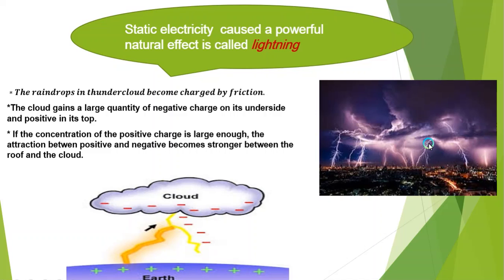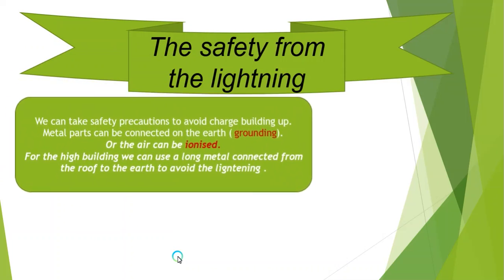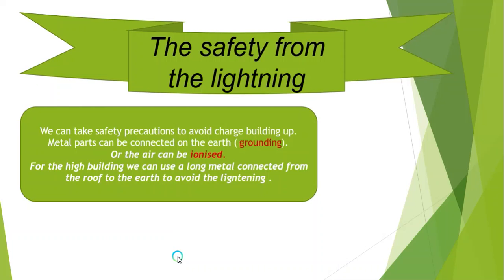Like this one, this is a cloud negatively charged, and for example, we have a building here. To be safe from lightning, we need to send the metal directly to the ground or to the earth. It's called grounding. Or the air can be ionized.